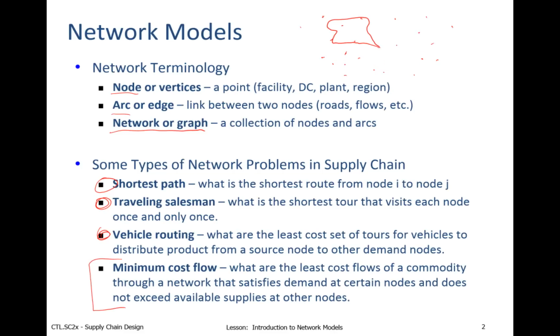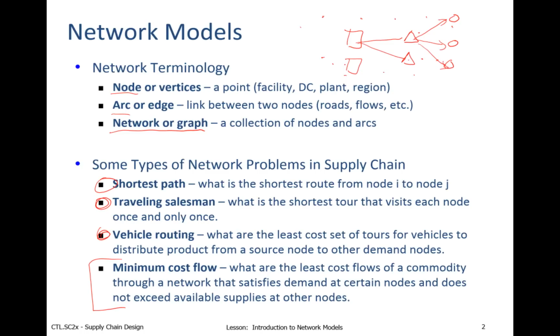Now the problem we're going to focus on the most in this lesson and the next several lessons is known as the min-cost flow problem. What that consists of is a little bit different. We're trying to find the least cost flows of a certain product or a commodity through a network that satisfies demand at certain nodes. So I have certain demand nodes, let's call these customers, right? And I want to flow product to them. Maybe I have some distribution centers here, and I have some plants or sources. So I have product that goes from the plants to the DCs, and then each DC can go to each separate customer.